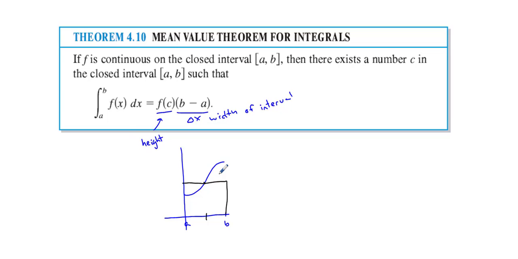Average value, average amount, that would be that f of c value. Here's c, obviously. And for fun, let's put f of a here, and then f of b up here. There we go. c is an x value that corresponds to f of c, which is the height such that this rectangle has the same area as the curve.